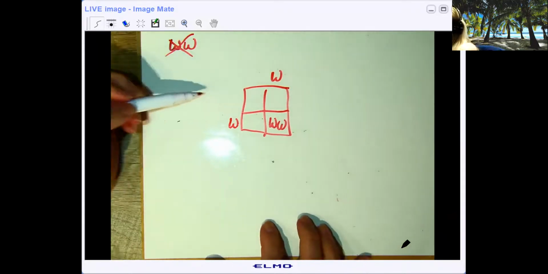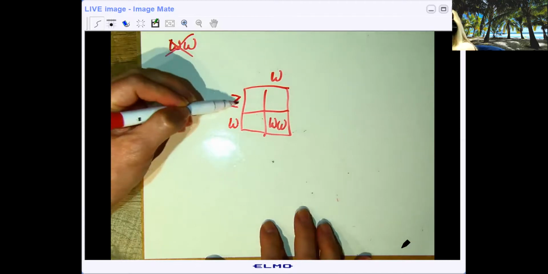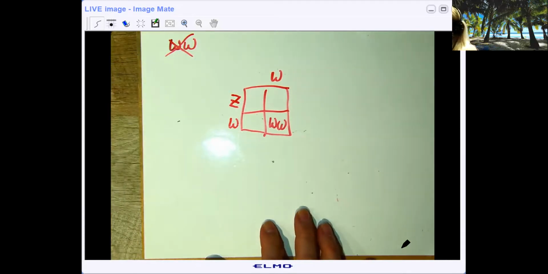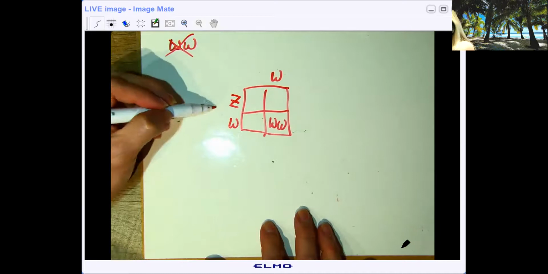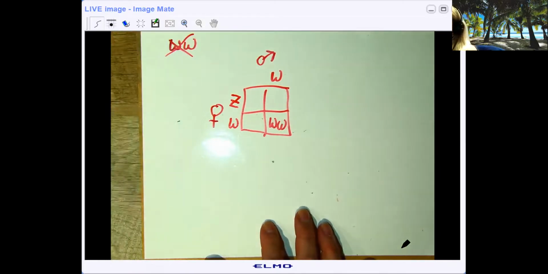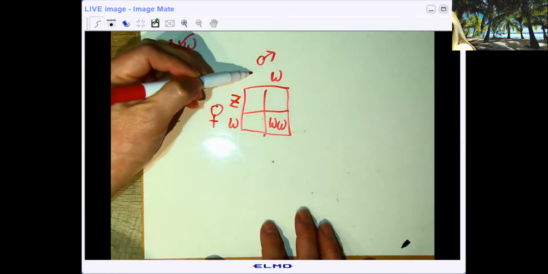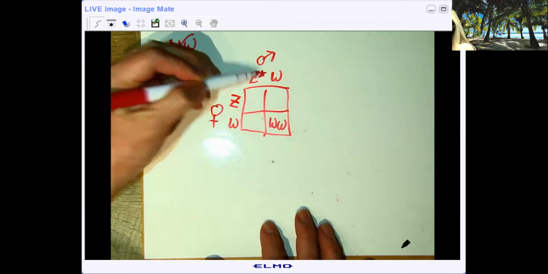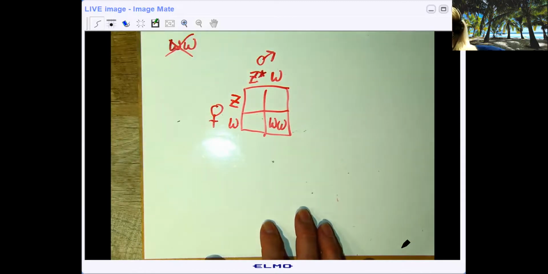Now we know females are ZW, so let's make that the female parent. So if this is the female parent, this has to be the male parent, and the only way you can have a male who has a W chromosome is if he has the Z0 chromosome, okay?